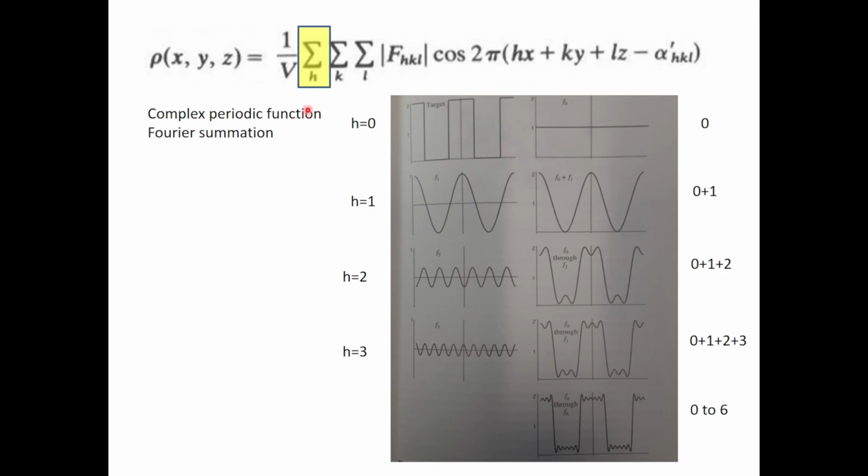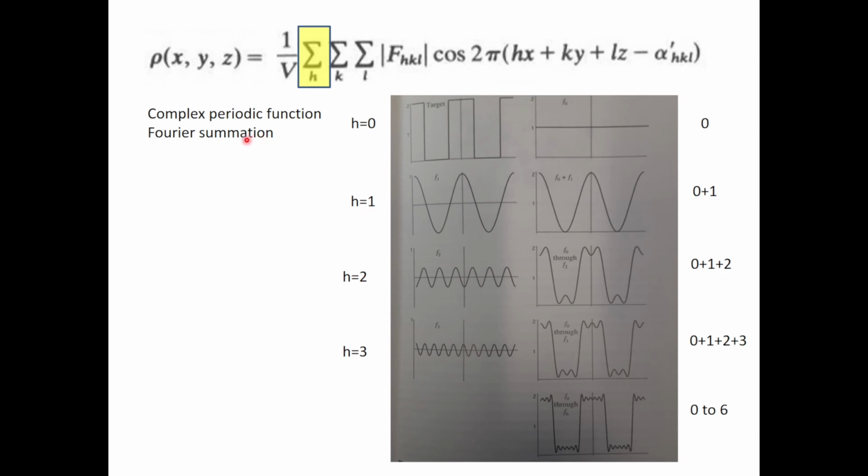Okay, since this is a summation of a periodic function, it's a Fourier summation. At each h, which is a different frequency, we get a different individual wave equation. So this would be h0, frequency of 1, h1, h2, h3. And those are determined in the diffraction pattern, which we'll see in the next slide.